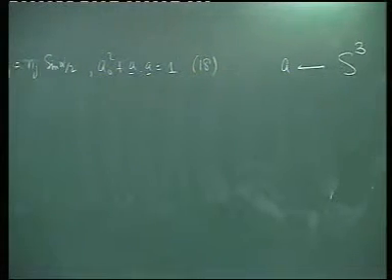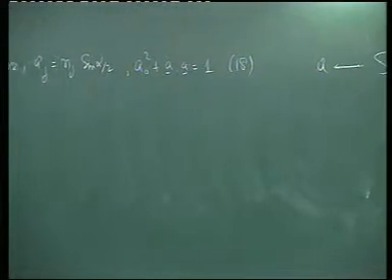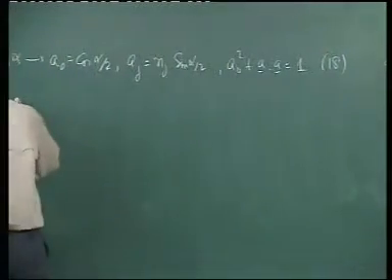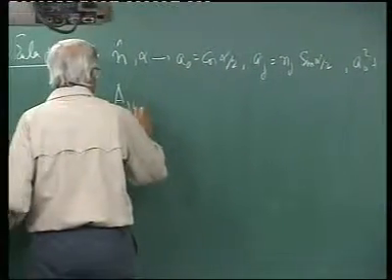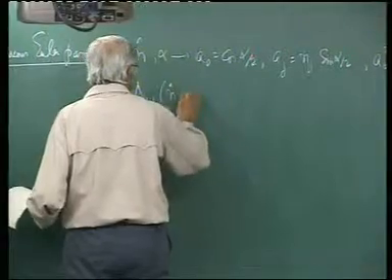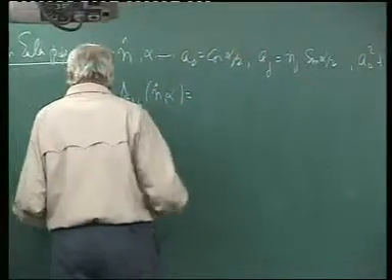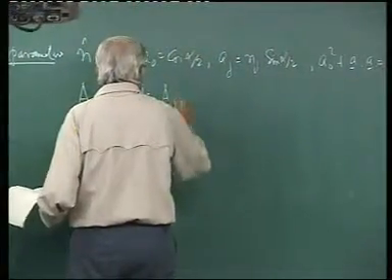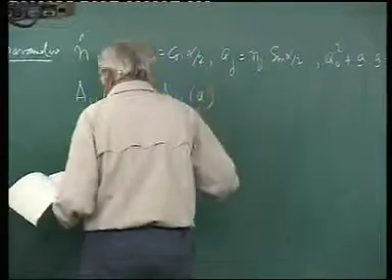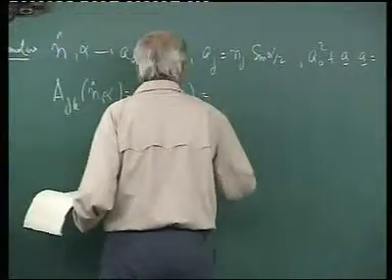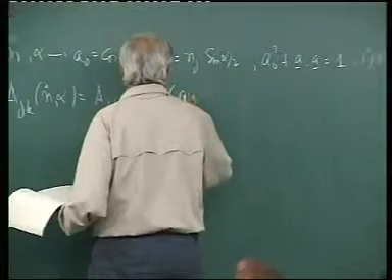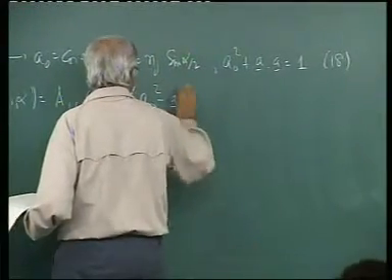The surface only, not the interior, surface. That's why it's written as S3. Then you go back to the equation which I just rubbed out. You see that the matrix elements of the rotation matrix take a very neat form.